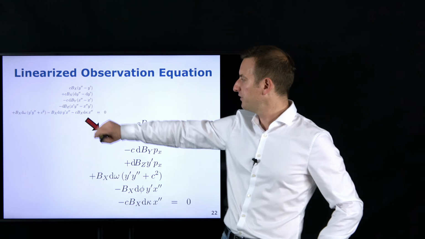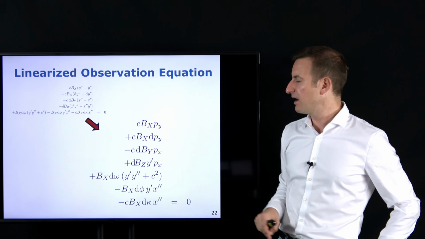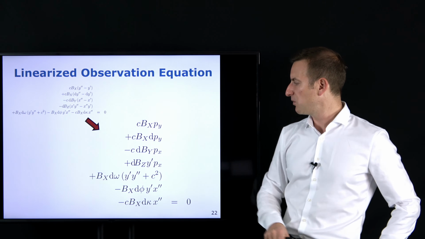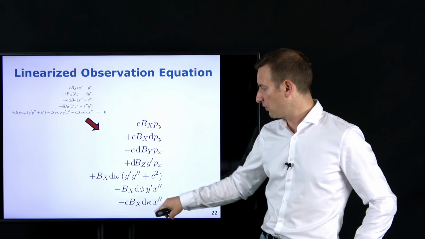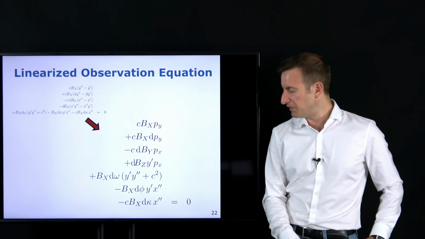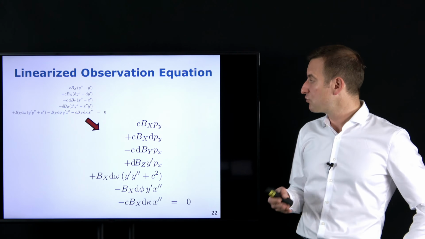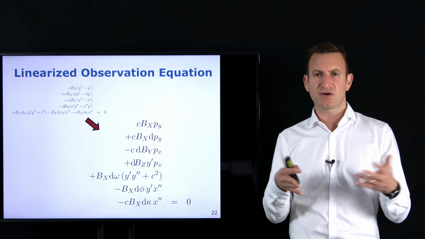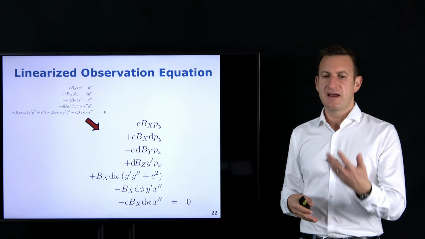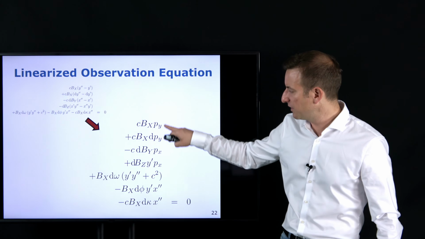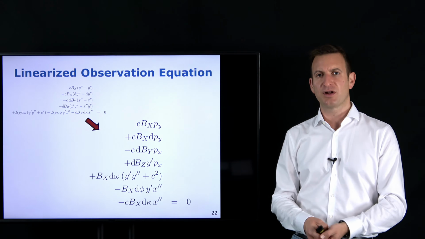So again, this was what I had in the previous slide. I'm taking this bracket over here and saying, okay, this is my y parallax. This is my change in the y parallax. This is my x parallax. This is also my x parallax, and so on and so forth. So I slightly simplified this expression so that this is now the resulting equation that I have just from multiplying these vectors and matrices with each other, and then introducing those new terms as my y parallax and x parallax, based on their definitions.